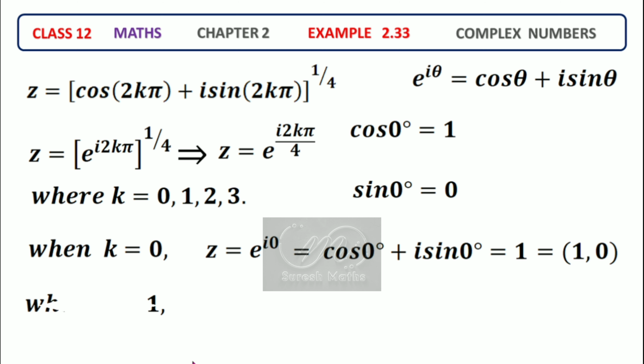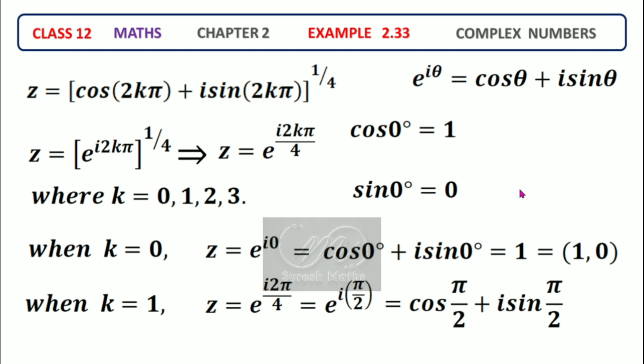When k is equal to 1, z equals, substituting k equal to 1, 2 into 1, that is 2 pi by 4, that is e power i into pi by 2, cancelling 2 and 4. This can be written using Euler's formula as cos pi by 2 plus i sin pi by 2.